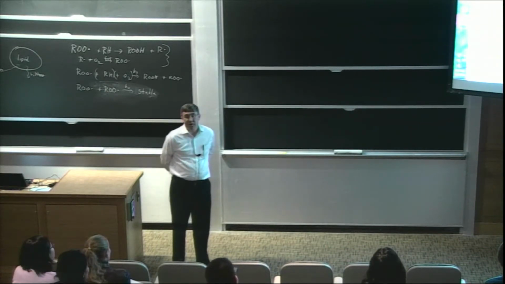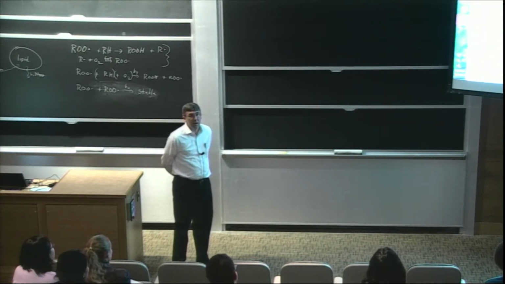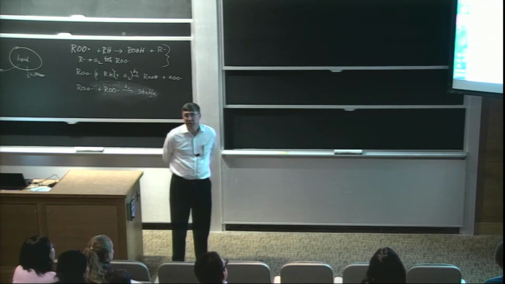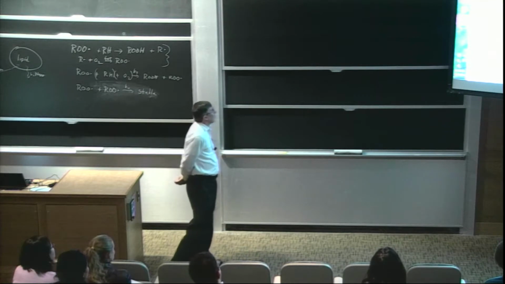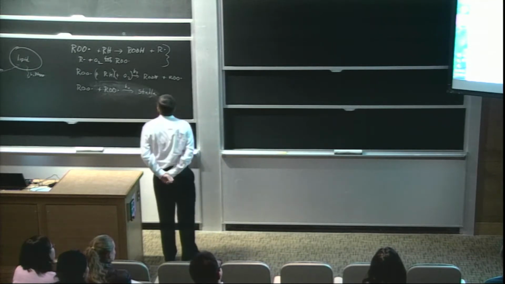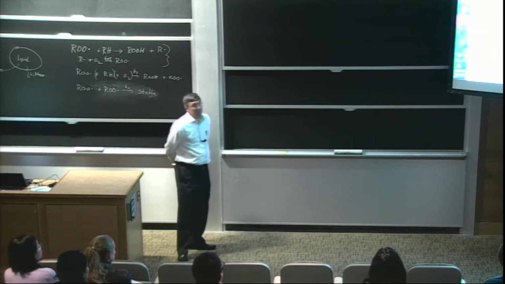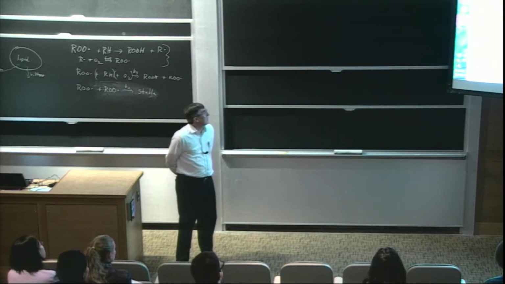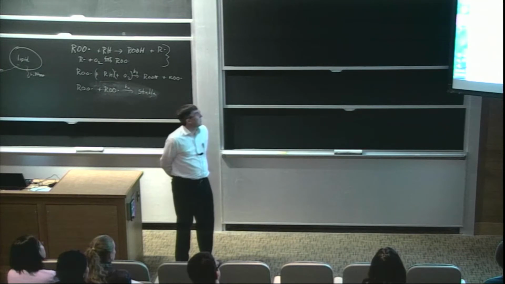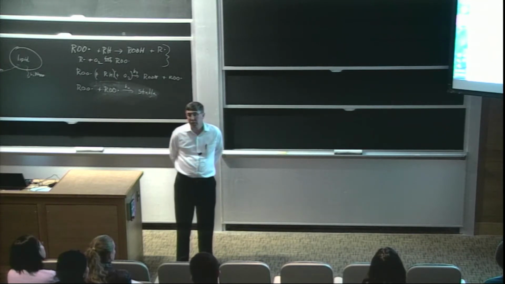So following Joe Scott's notes, we compute this quantity called A, which is the sum of all the rates. That's equal to the rate of the first process, and then the rate of the second process, which depends on the number of radicals. And the rate of the third process also depends on the number of radicals. And the rate of the fourth process is the number of radicals times the number of radicals minus 1.